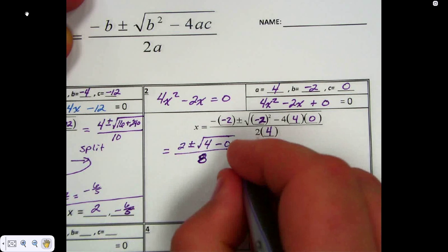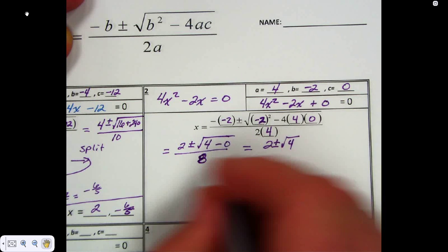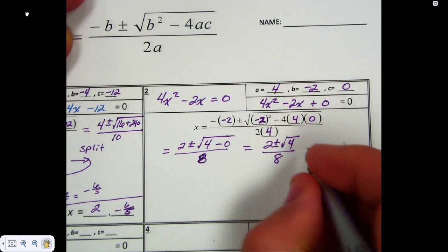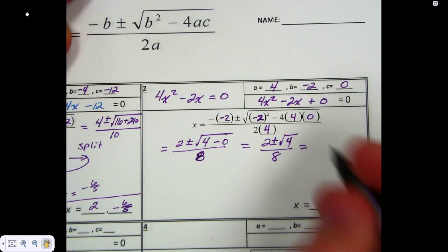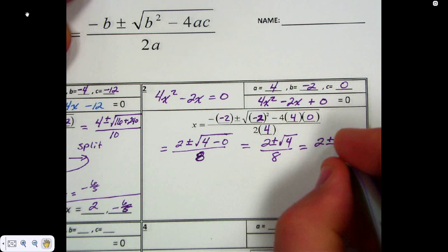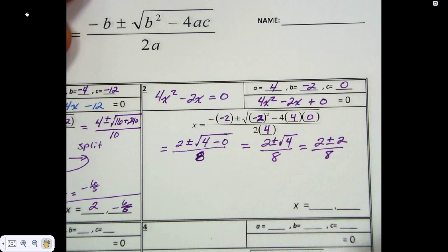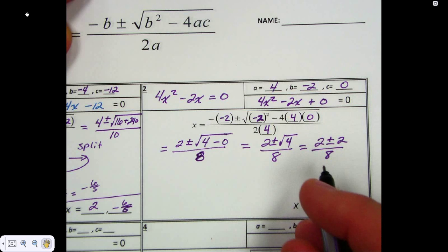Everybody okay there? Now you have 2 plus or minus the square root of 4, because 4 minus 0 is 4, right? Over 8. Would everyone agree? What is the square root of 4? 2. So I have 2 plus or minus 2 over what? At this point, when you get a number there, what's it time to do now?